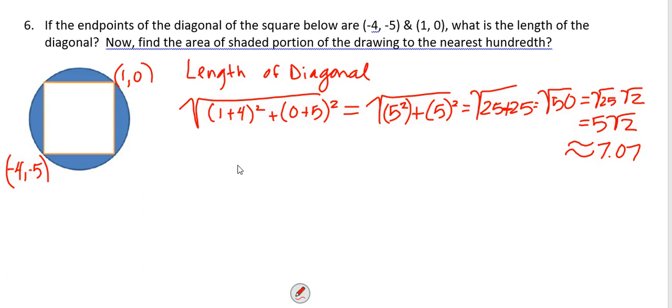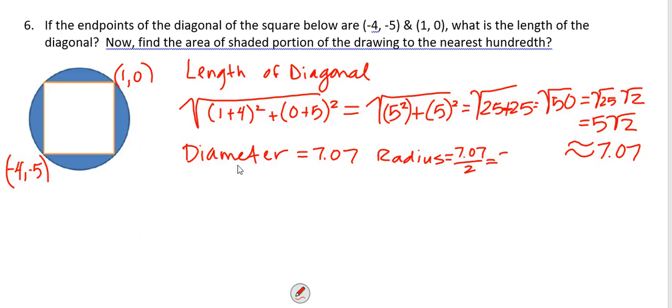So what I'm going to do is find the area of the circle. To do that, I have to get the radius. Well, I have the diameter right now. The diameter is equal to 7.07, so the radius is going to be that divided by 2. So that's going to be 7.07 divided by 2, and when I did that, I got 3.54.